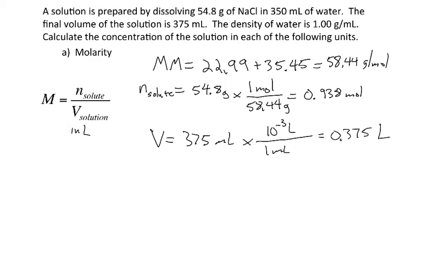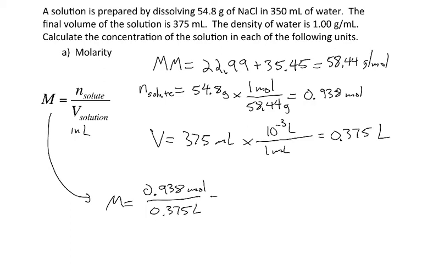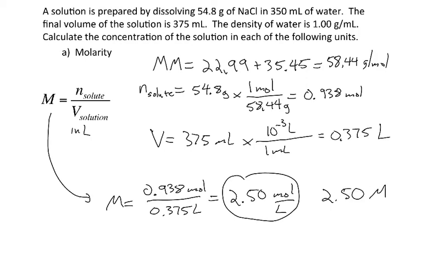Okay, so I have the two pieces I need now. So to get the molarity, I just do 0.938 moles divided by 0.375 liters, and I get a molarity of 2.50 moles per liter, or I can write that as 2.50 molar.